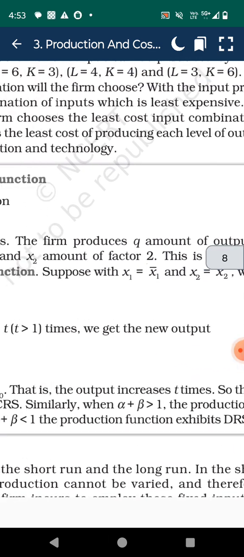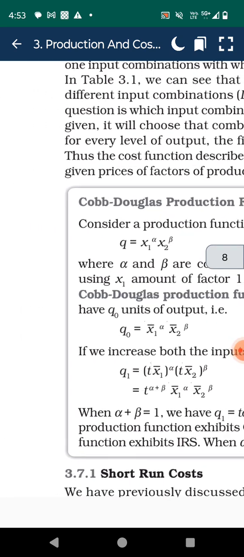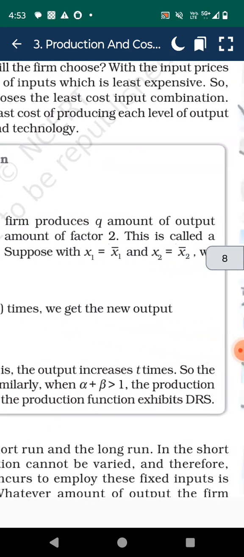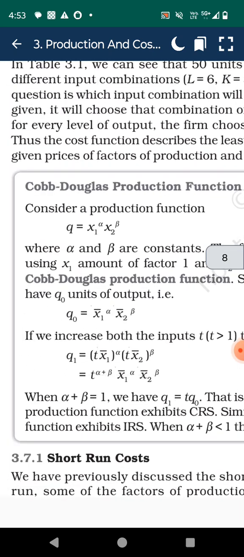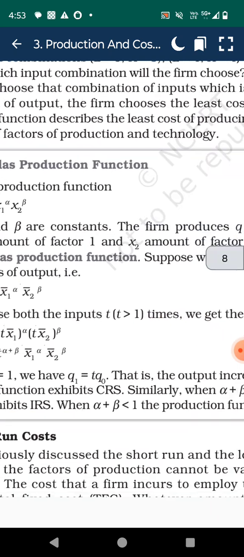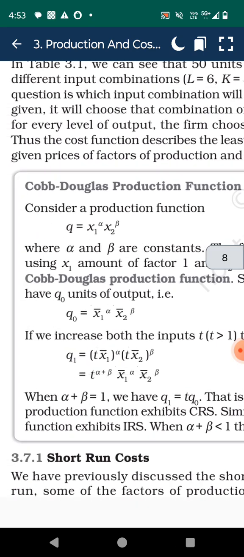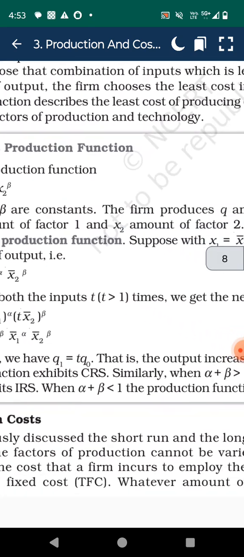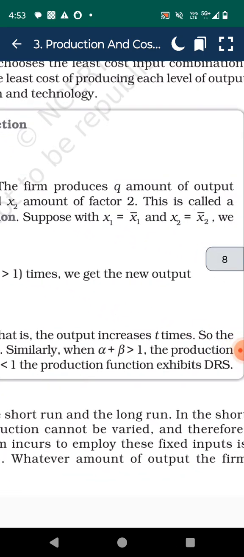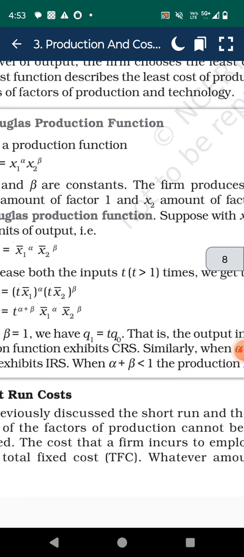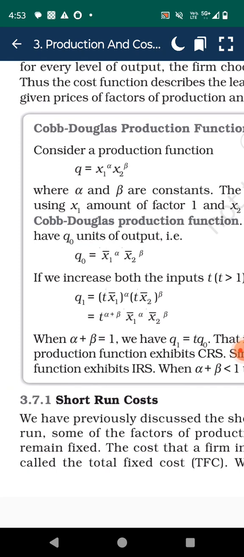With the input prices given, it will choose that combination of inputs which is least expensive. So for every level of output, the firm chooses the least cost input combination. Thus, the cost function describes the least cost of producing each level of output, given the price of the inputs and technology.